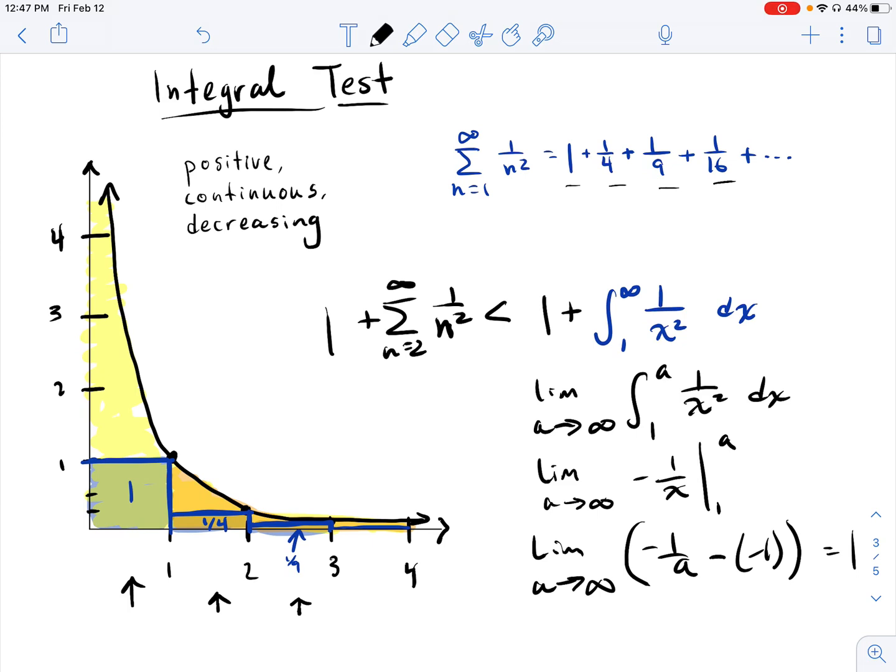In other words, the sum of these terms is an under approximation for the actual area underneath this curve. And if the area underneath this curve converges to a finite value, then the sum of these terms up here must also converge to a finite value.